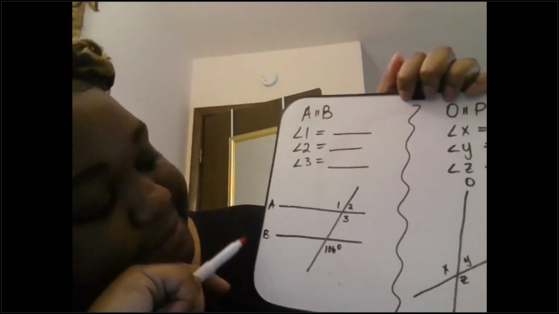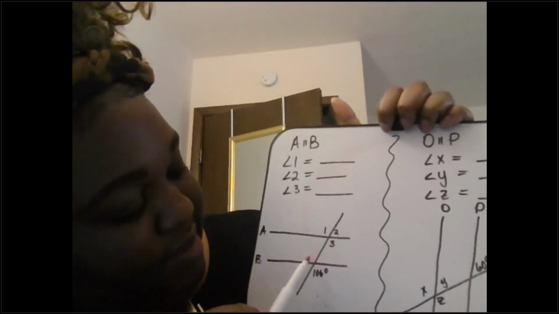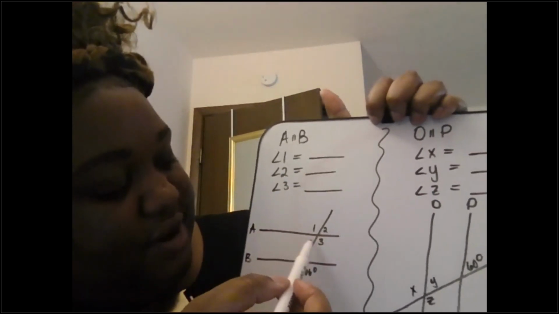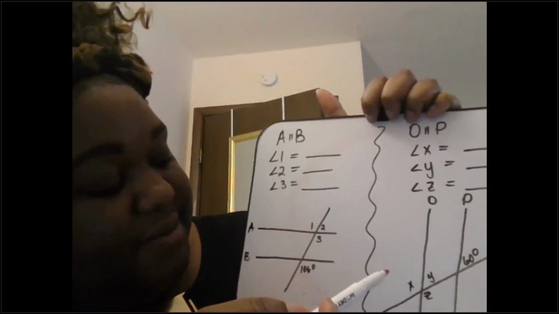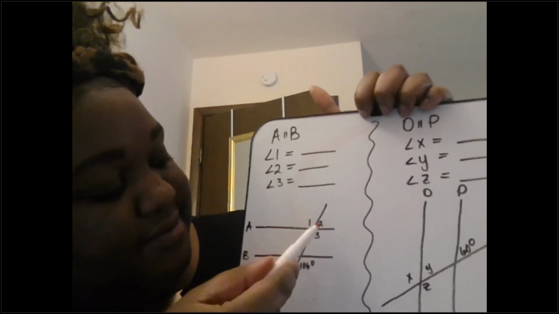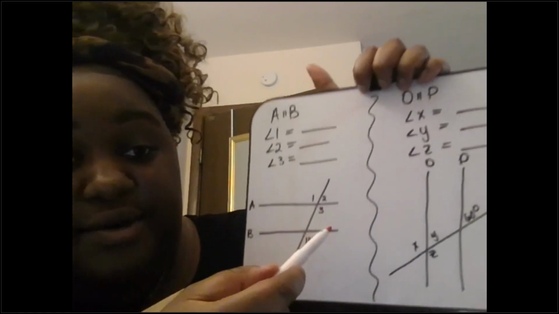So let's try to figure out what angle 1 is first. Okay, so I know that these are forming, I have 106 degrees. And if I remember correctly, vertical angles let me know that the angles opposite each other are equal.